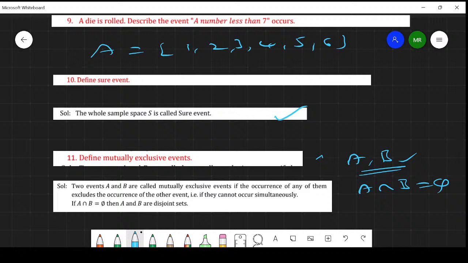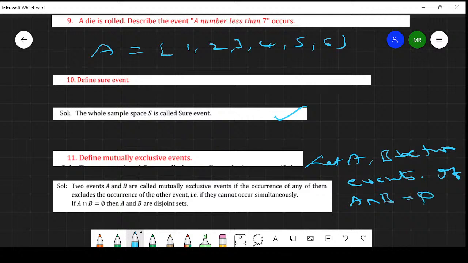Another way, in a simple way: let A, B be two events. Other people may be confused about the definition, so you can write it this way. If A intersection B is equal to the empty set, then A and B are called mutually exclusive events.